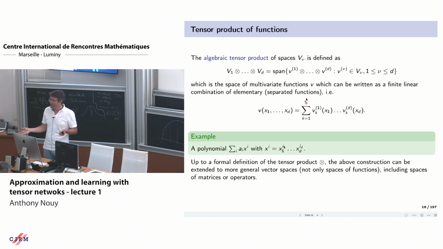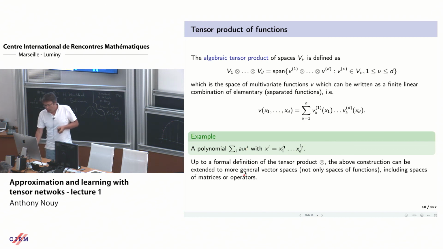It's a finite sum of elementary tensors. This is called the algebraic tensor product of the spaces V1, V2 until Vd. A polynomial, the sum of a_i x^i, is a particular example of an element of the tensor product of polynomial spaces.